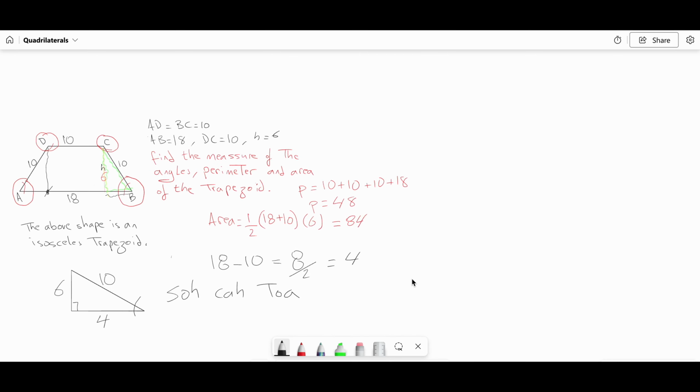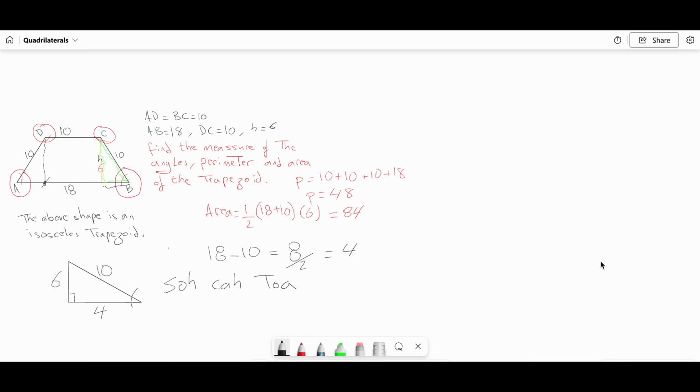But we know that when we have a right triangle, we can use SOHCAHTOA in order to find angles. And from SOHCAHTOA we know, for example, that if I need to find this angle, I can use opposite over hypotenuse.